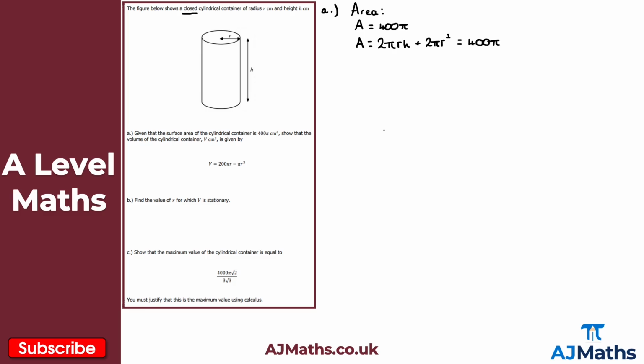So we can simplify this here. Straight away, we can just divide through both sides here by 2 pi. So I'm going to get rh plus r squared, and that is equal then to 200. So rh plus r squared is equal to 200. And just like we did for the previous question, I'm going to rearrange this here now such that h is the subject.